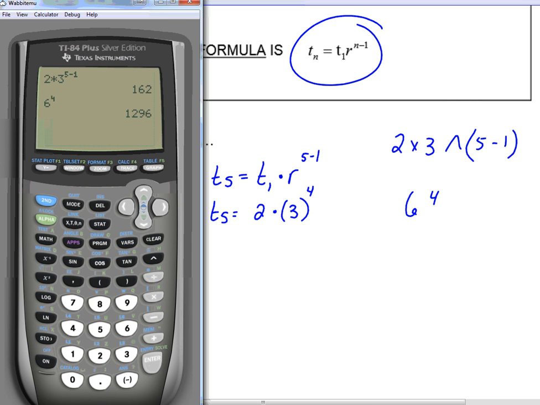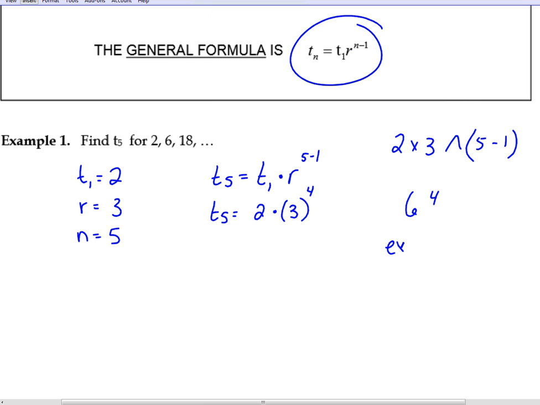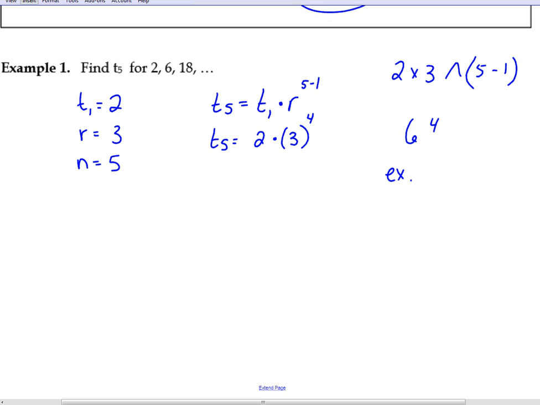And if we want to combine these, it would only work if your first term and your common ratio were the same. And in that case, you would add the exponents. So for example, sometimes this happens, and you might see it on a test. If my first term was 4 and my common ratio was 4, then your general formula would be your first term times your common ratio to the power of N minus 1.